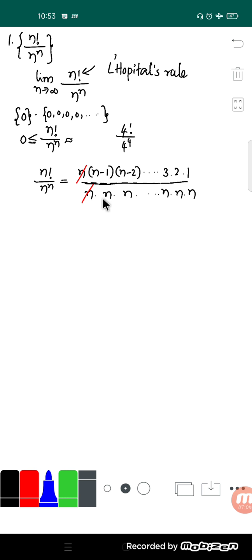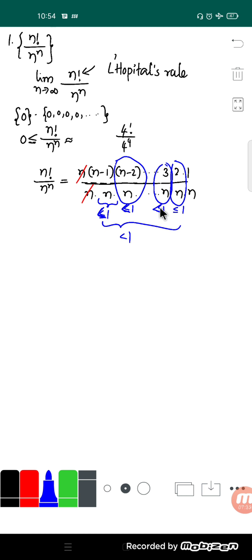See this, n minus 1 by n. For any n, this term is always less than or equal to 1. This term is also less than or equal to 1. If we continue going, this term is also less than or equal to 1. So the product of all the numbers which are less than 1 will be less than 1.